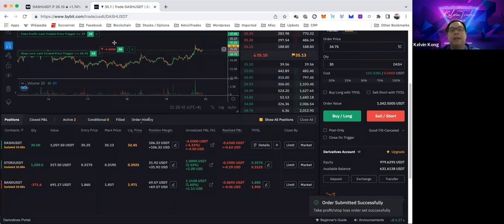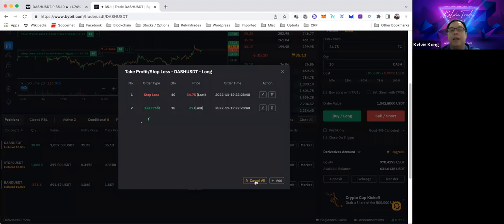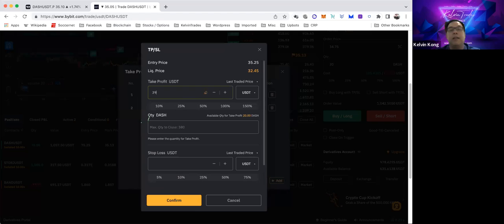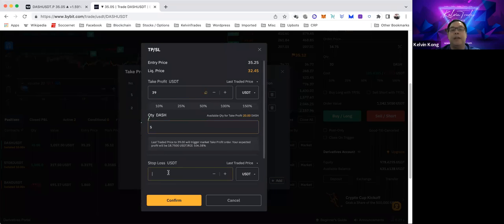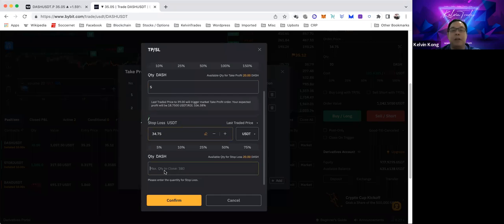Then second one. Come here. Either you cancel or you add another one. So second TP, let's say 39. Let's say down here you want to sell 5. Stop loss the same, 34.75. Remember quantity must be the same as this, 5.